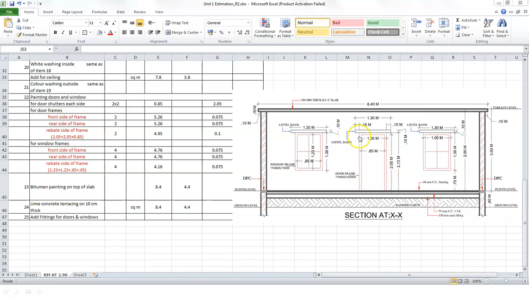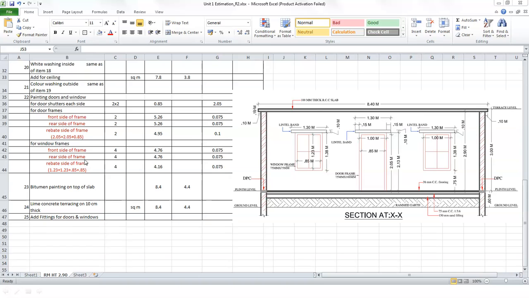And so that is also added. So this is the rebate side. The rebate side is taken as 2.05 plus 0.85 plus 2.05 meters. So that we get 4.95, and the thickness is 0.1.